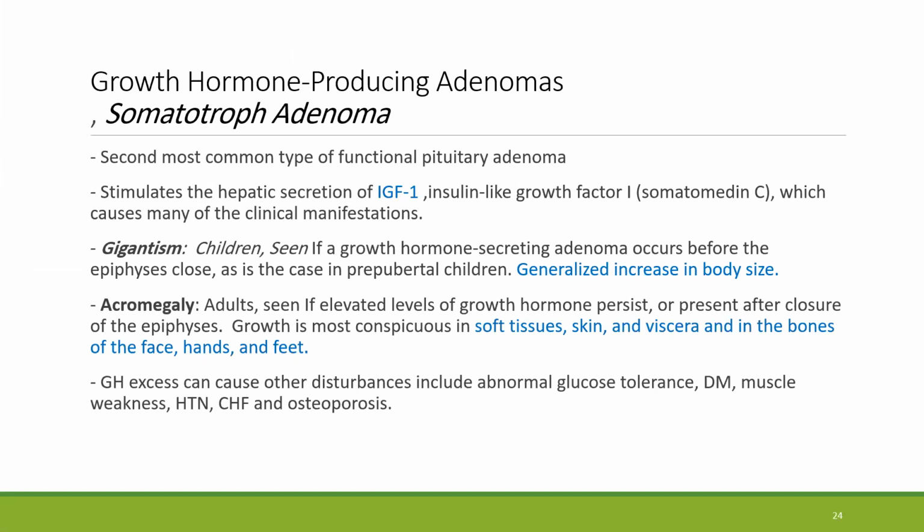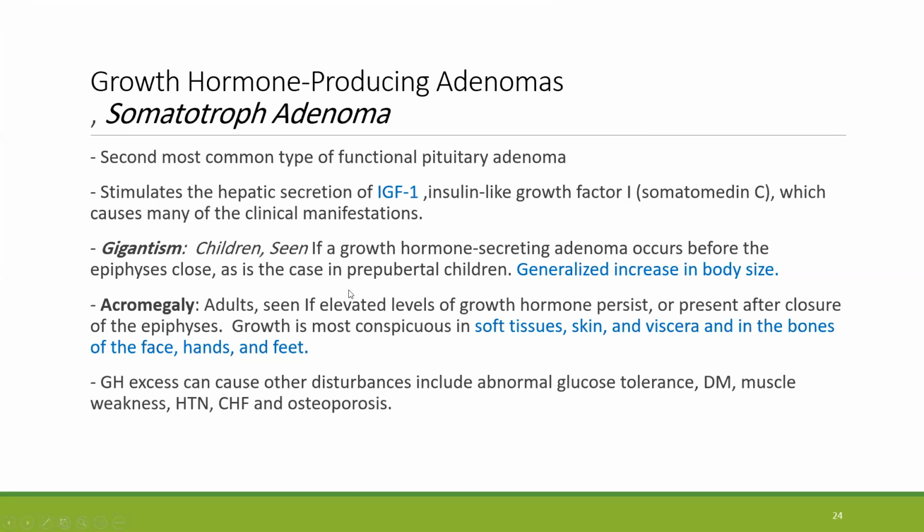We see gigantism in children, and we see acromegaly in the adults. It depends on the clinical manifestation. If it's affecting the kids, the growth hormone adenoma can cause gigantism. It's seen if the growth hormone excess is before the epiphysis closes, at age maybe 16, 17.